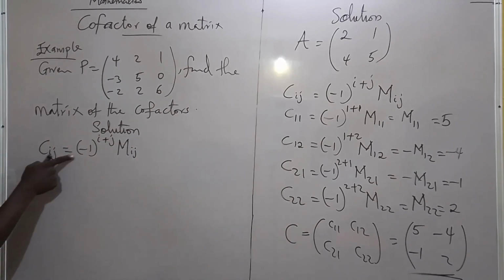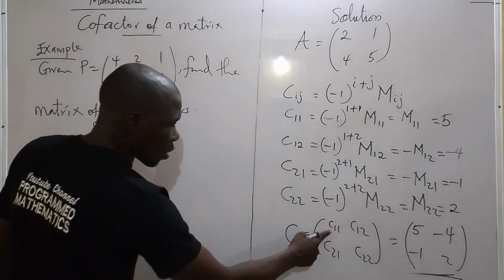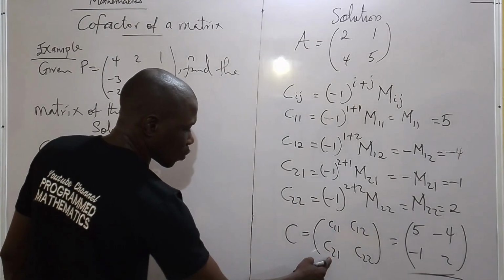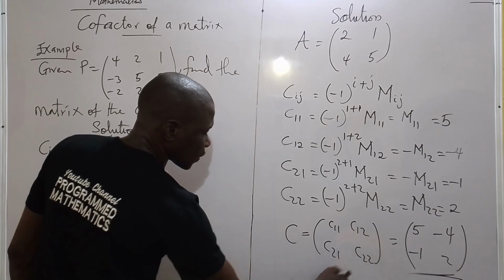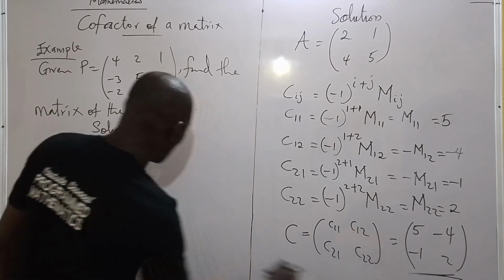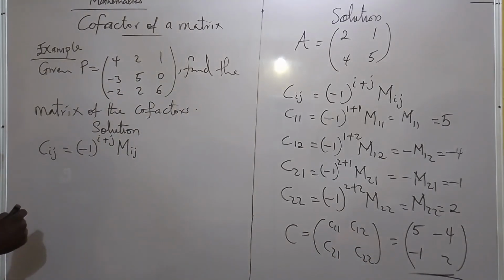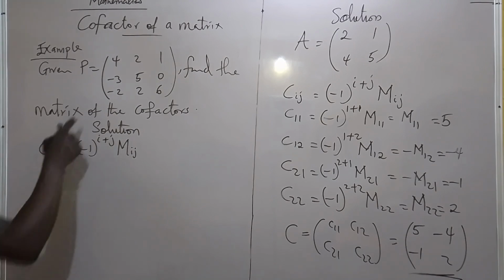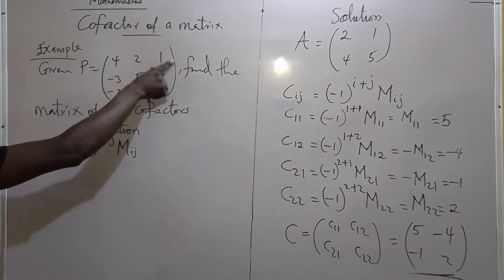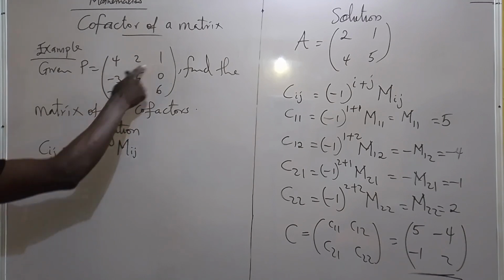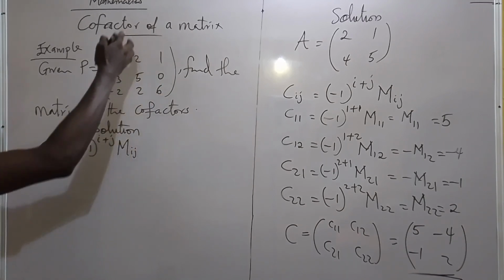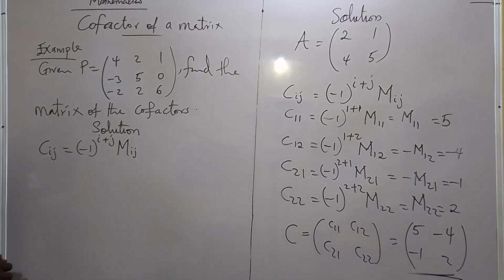All right, so if we are to find our C11 here, don't forget this cofactor matrix will be C11, C12, C13, C21, C22, C23, C31, C32, C33, because this is a 3 by 3 matrix. So we calculate the cofactor corresponding to each element of the matrix. So meaning 1, 2, 3, 4, 5, 6, 7, 8, 9. We're going to have 9 cofactors because this is a 3 by 3 matrix.